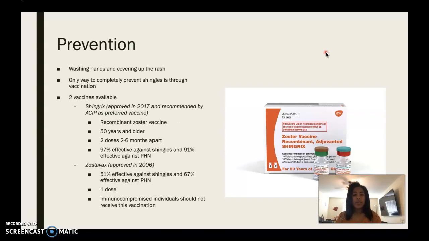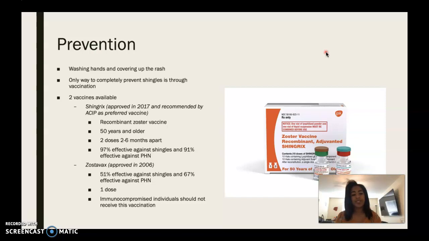The only way to fully prevent shingles is to vaccinate yourself. Washing hands and covering up the rash does help to prevent the spread of the disease, but the only way to prevent shingles fully is through vaccination. So there's 2 vaccines available, the Shingrix vaccine and the Zostavax vaccine.